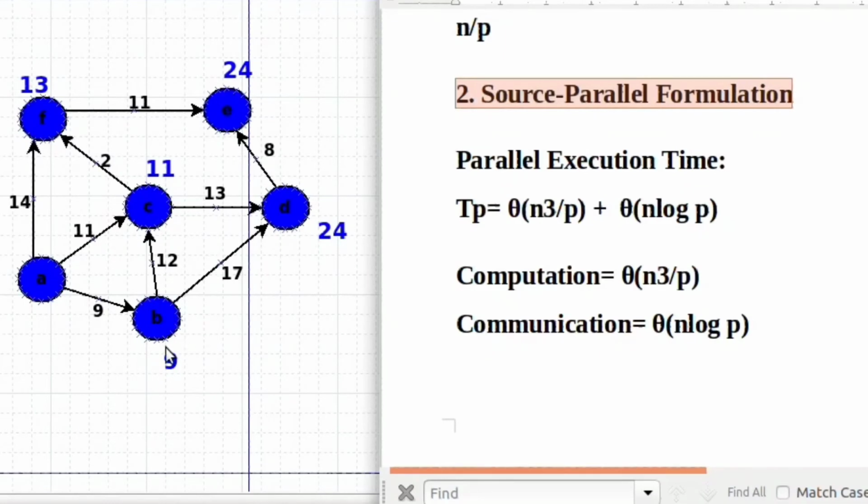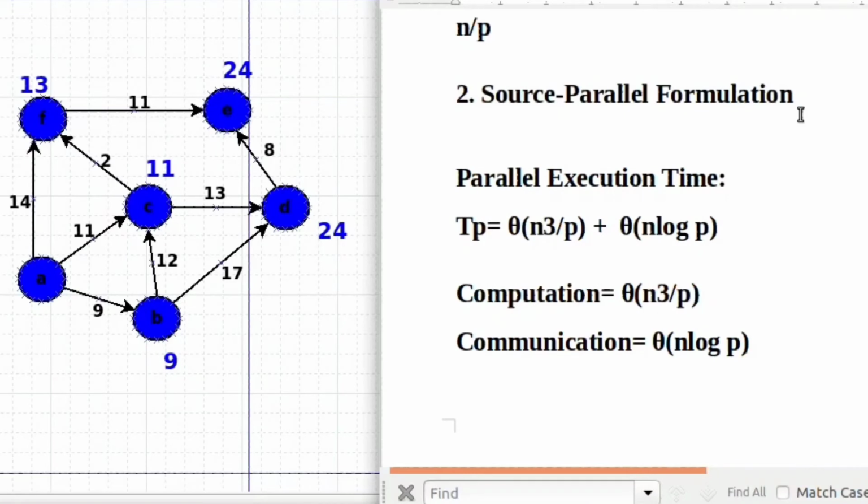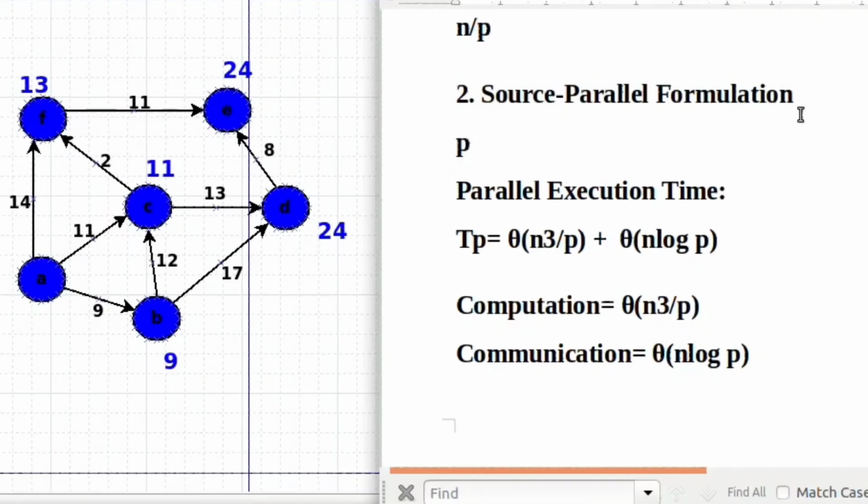Because of that, p will be greater than n, since on each vertex there are multiple processes. So the total number of processes working on this graph will be greater than n. Now what will the complexity be in this case?